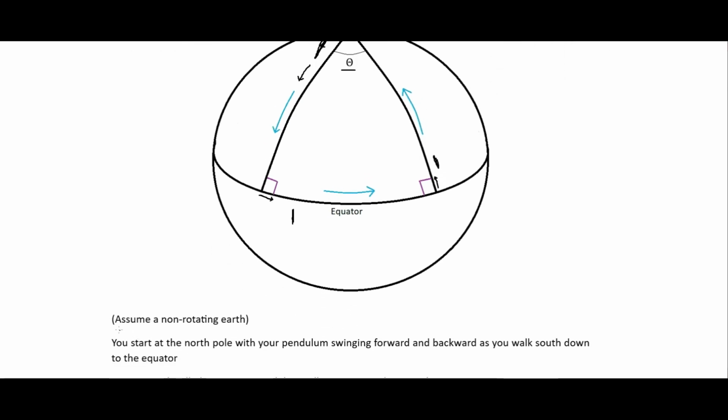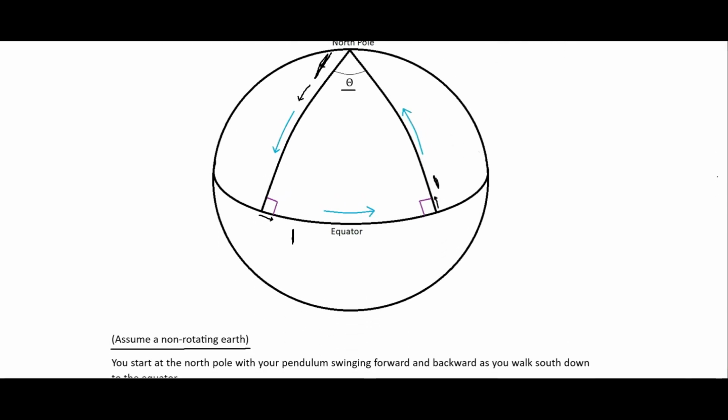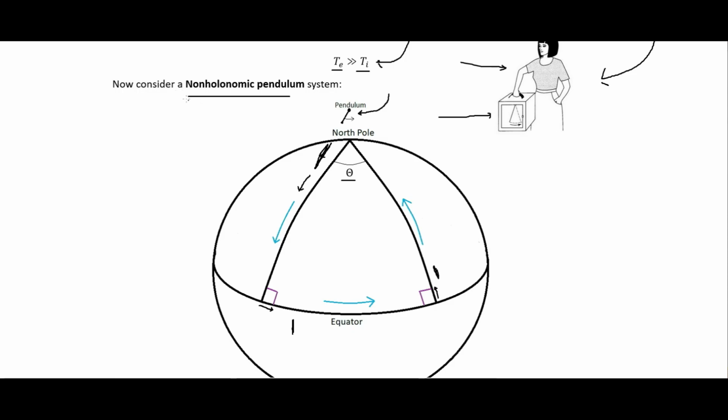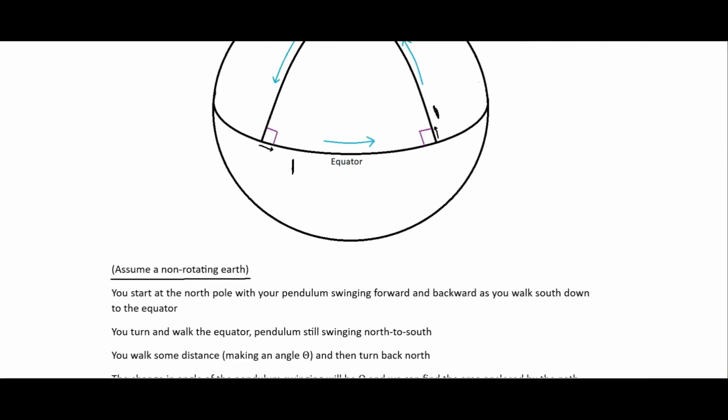And I should also point out that we're assuming a non-rotating Earth, which is another one of those fun assumptions you can make when doing physics. But the reason that we want to assume that is because, as we will see, the Earth rotating actually does this for us, and so we can use what's called a Foucault pendulum to actually measure the rotation of the Earth using this process.